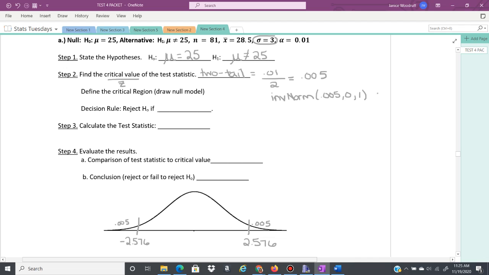All right, so draw the critical region. I'm already working on that. And then we are going to draw a rejection region. We're going to draw a smiley face. Oh, weird smiley face there. Hold on.